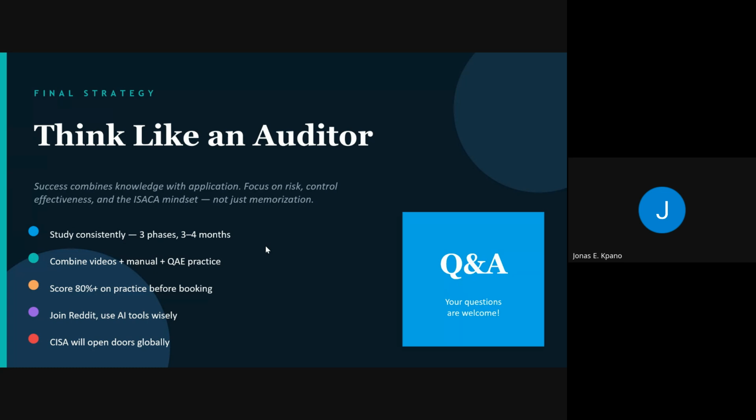It's high in demand. As a CISA professional, you can work as an IT auditor, you can work in information security, you can even work in the IT field. So having that alone, it's really in high demand.